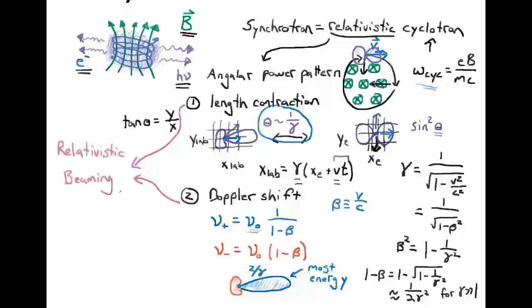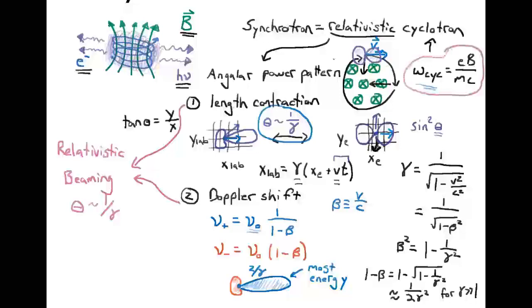The effect of relativistic beaming says that most of the energy is going to be directed in the direction of the motion of the charge, with an opening angle that's roughly 1 over gamma. And you needn't consider the back-going lobe at all because it's been Doppler shifted so much that you're getting almost no energy there.